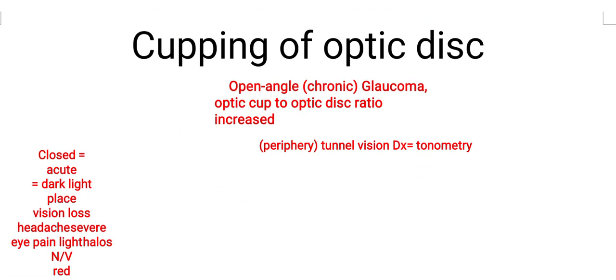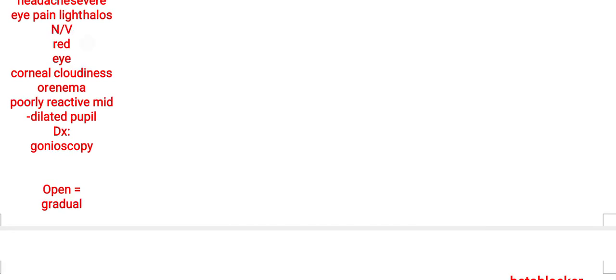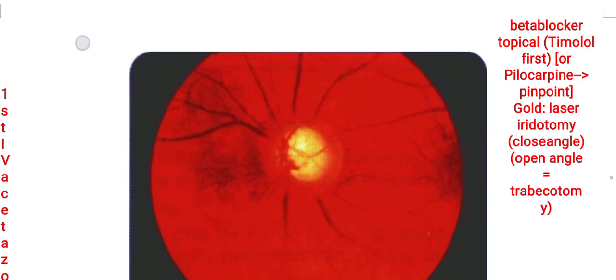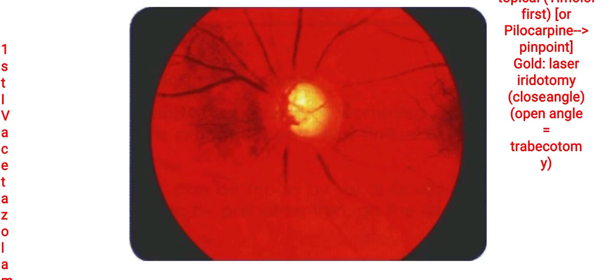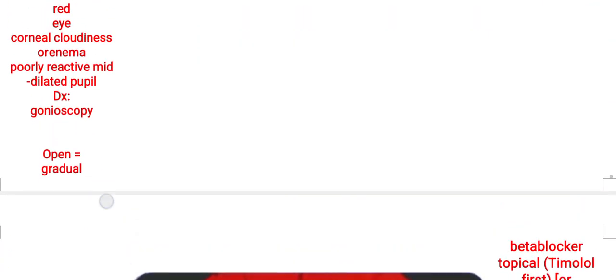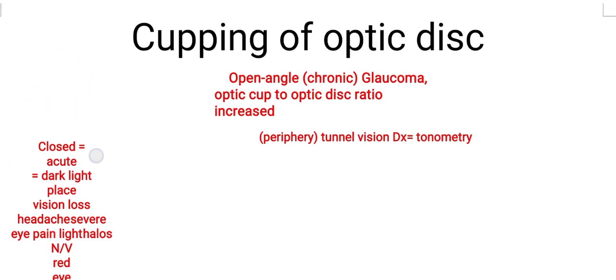Our next picture is the cupping of optic disc. Here you can see the image. This is open angle glaucoma, with an increased optic cup to optic disc ratio, and there are two types: open angle and closed angle glaucoma.